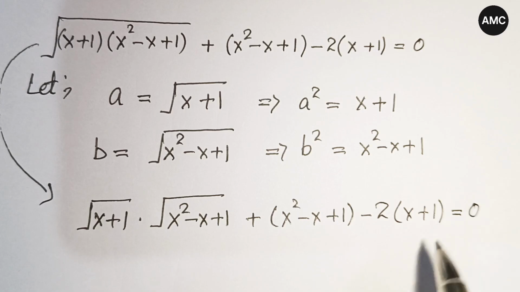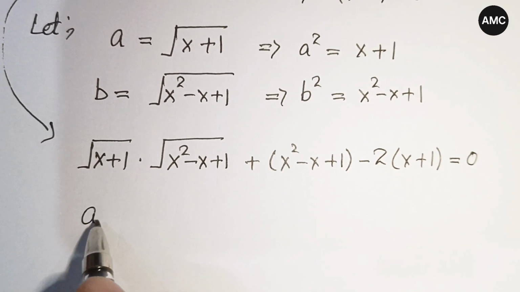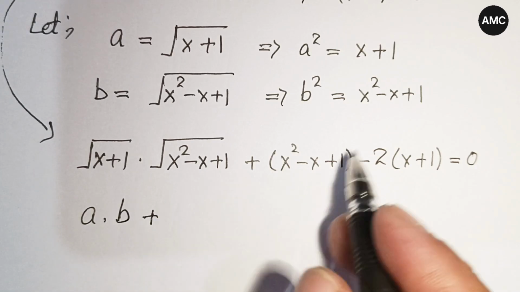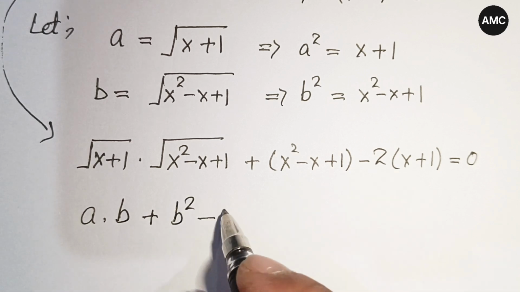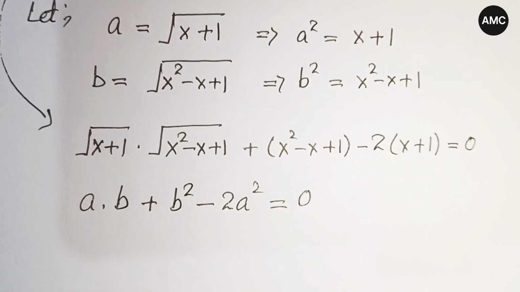Now by substituting these values, we get a times b, plus x squared minus x plus 1 which is b squared, and minus 2 times x plus 1 which is a squared, is equal to 0.